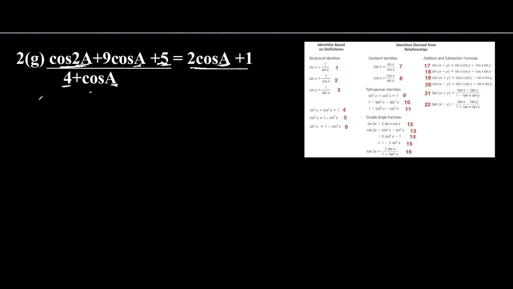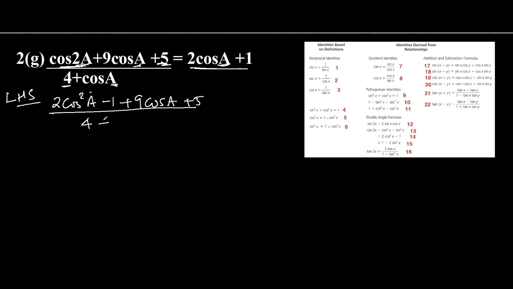So let me do that. LHS. It will be 2 cos square A minus 1 plus 9 cos A plus 5 over 4 plus cos A. Now this becomes a quadratic, and this is not quadratic. That means we have to factor it.